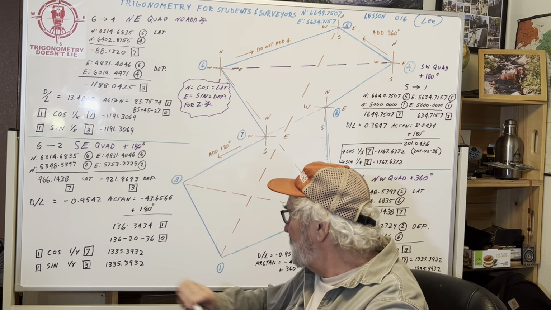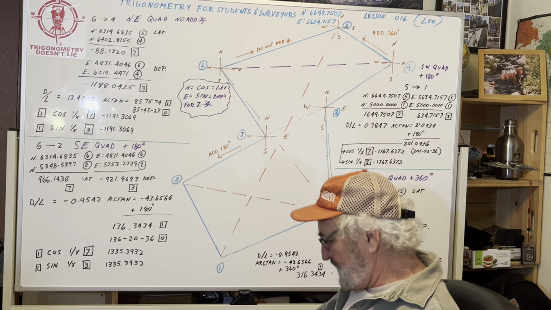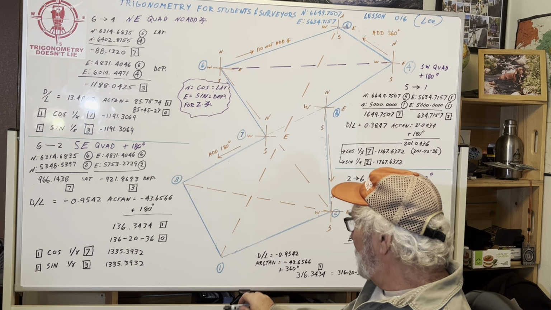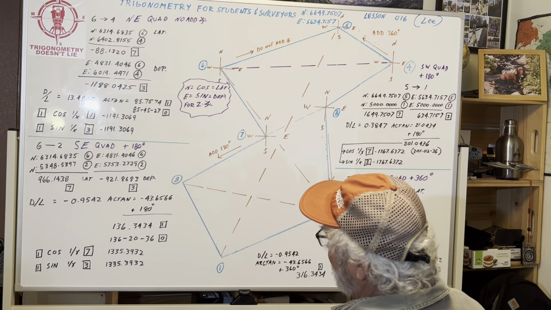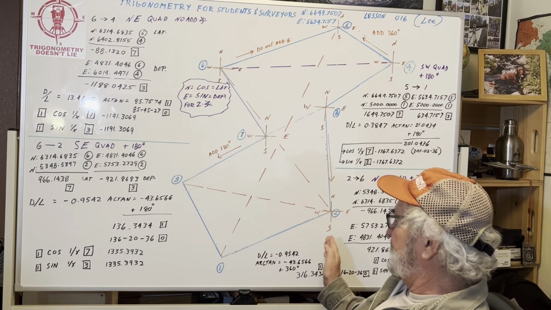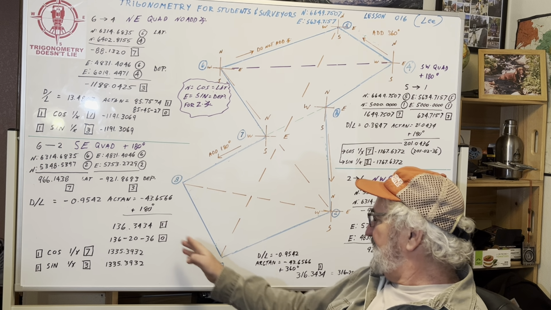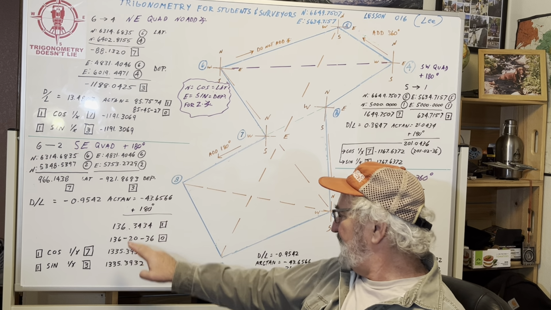That should be a decimal, not a dash. That is our decimal azimuth. If you ever wanted to convert that to bearing, you just subtract 180. That would be your southeast bearing.